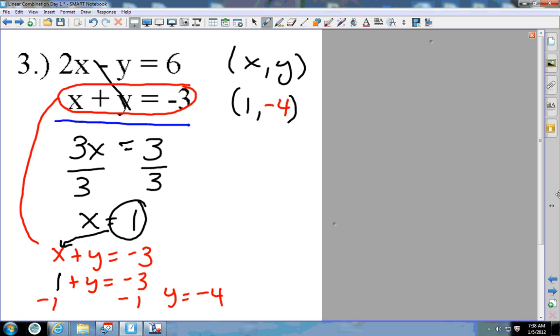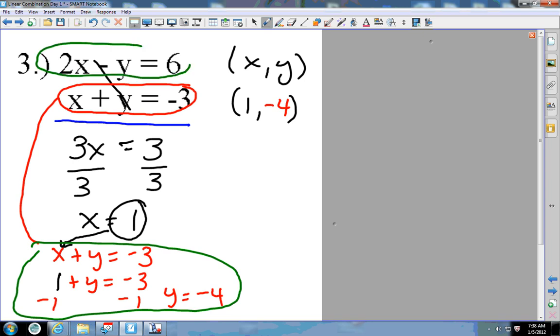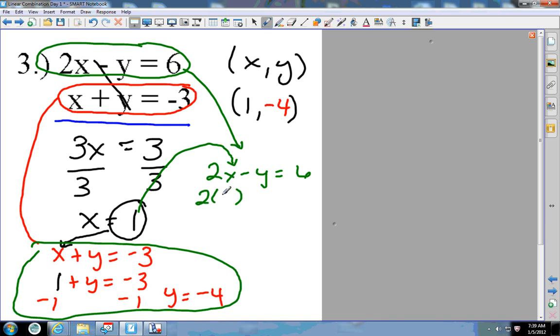Okay, so let me show you using the top one. I can do the same thing. What I just did right here, I can use the top equation and come up with the same number. So it doesn't matter which one. So right here I have 2x minus y equals 6. If I put 1 in here for x, 2 times 1, minus y is 6. 2 times 1 is 2.